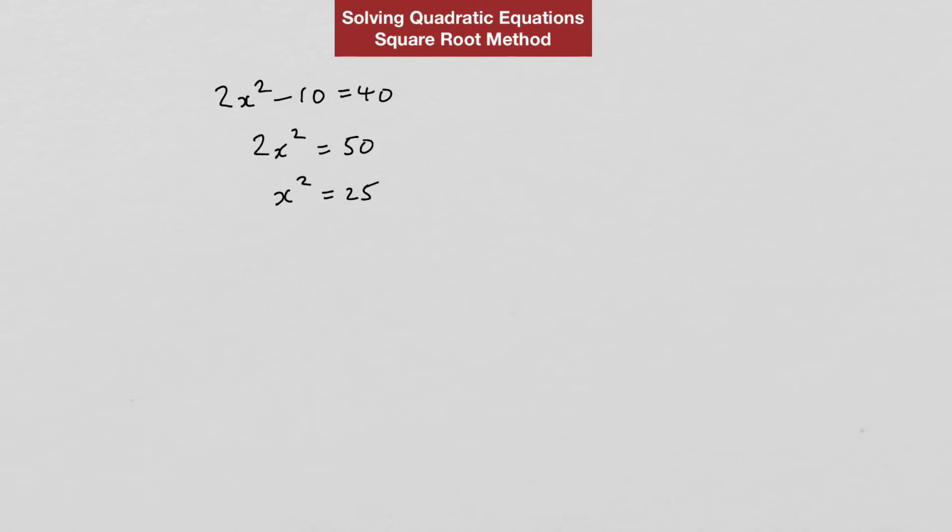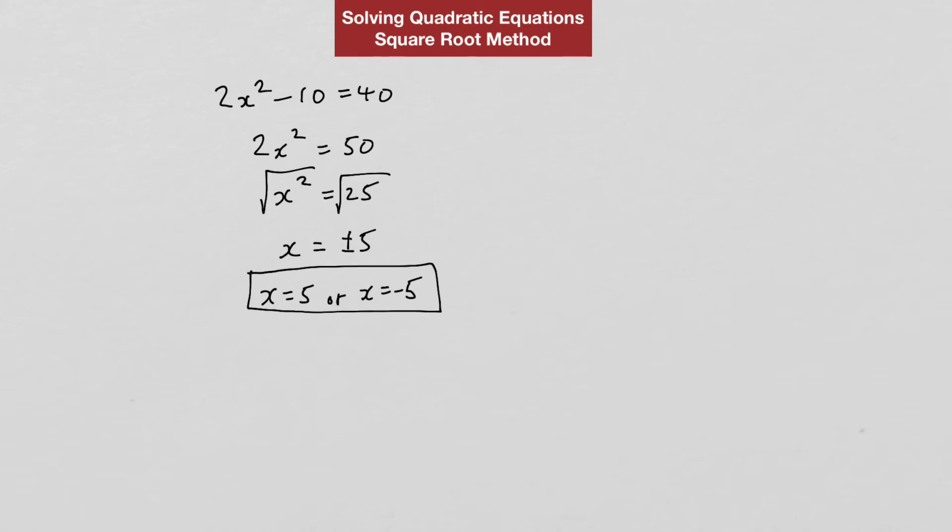Okay, now that we have the perfect square isolated, we can take the square root of both sides, and we get x is equal to plus or minus 5. Okay, so x is equal to 5, or x is equal to negative 5.